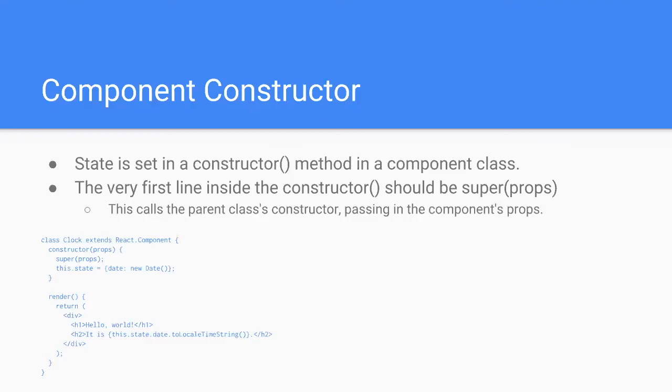Does that kind of make sense? As we go through the to-do, I'll explain when you want to use props and when you want to use state. When we think of props, we're thinking of passing data from one component to the other. When we think of state, we're thinking about internally managing data within the component. So data that may change, because we could change the date and our clock would change. That's all going to be managed via state.